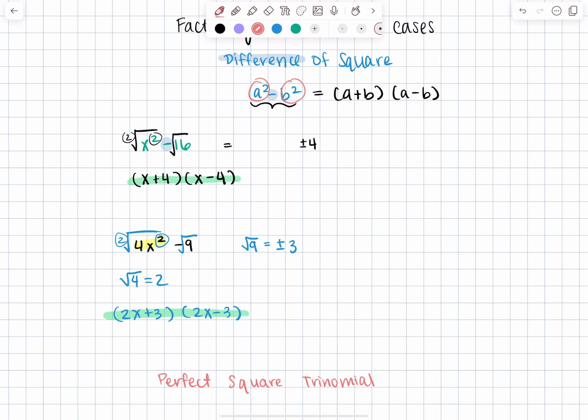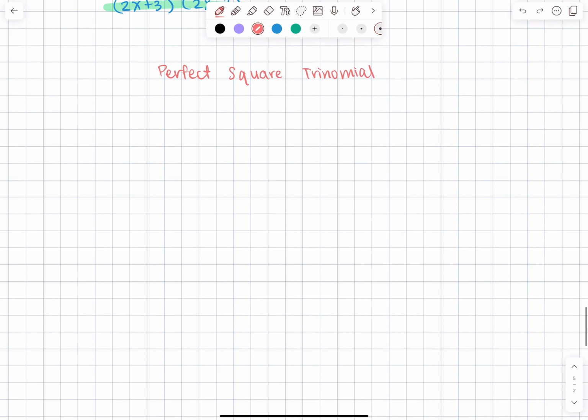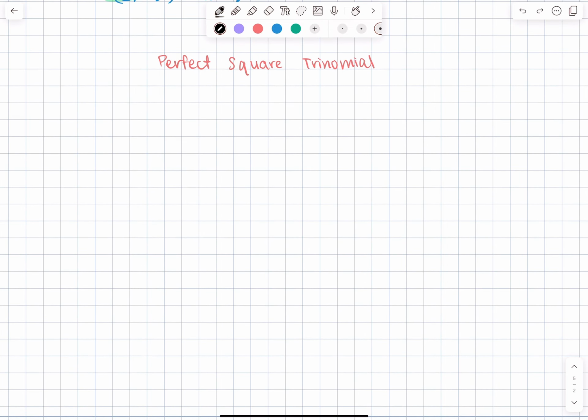One nomial, two nomials, that is binomial. The principle for a perfect square trinomial is a squared plus or minus 2ab plus b squared gives you a plus or minus b, squared. And we're going to look into this plus or minus in the examples as we go along.